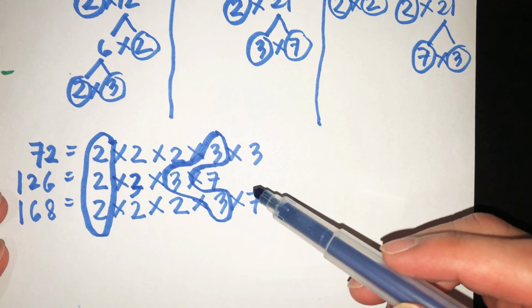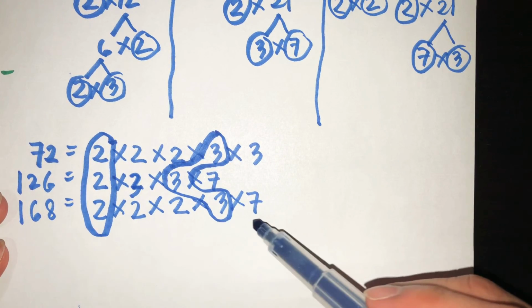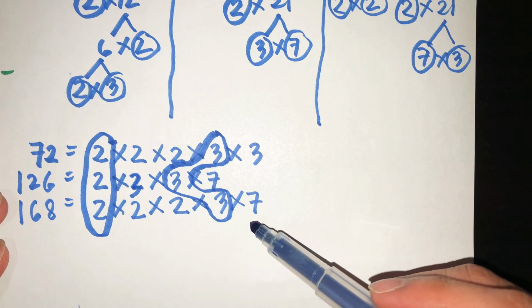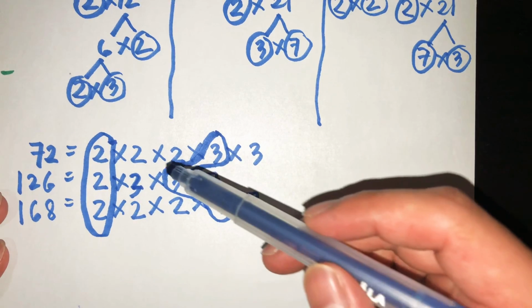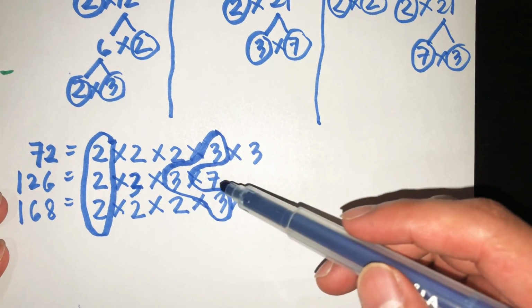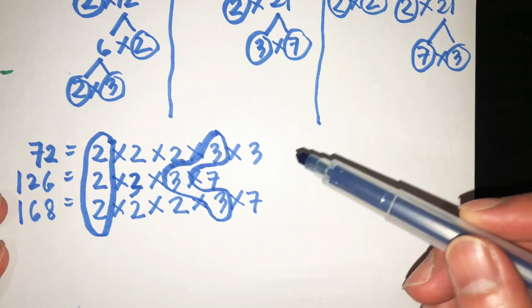Okay? Now also we have 3 here and 3 here, but there is no remaining 3 at 168. Okay? And also for 2, we have 2 here and 2 here, then we have 2 here and 2 here. But there is no 2 remaining in 126. Okay?